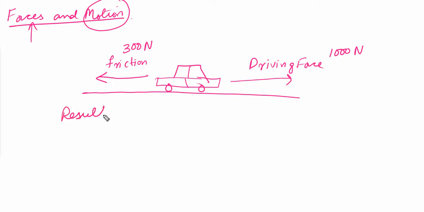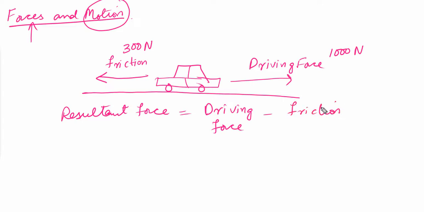The resultant force acting on the car is the driving force minus the force of friction. We can write resultant force as Fr, so 1000 Newton minus 300 Newton. So the resultant force will become 700 Newton.